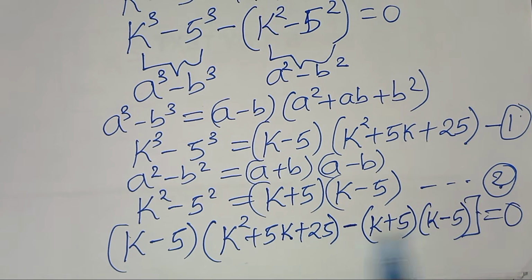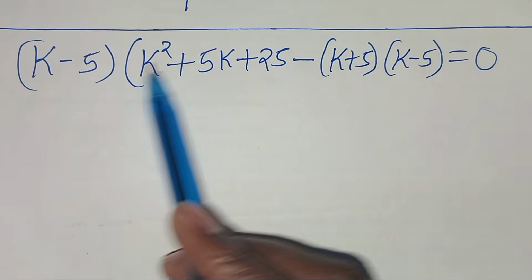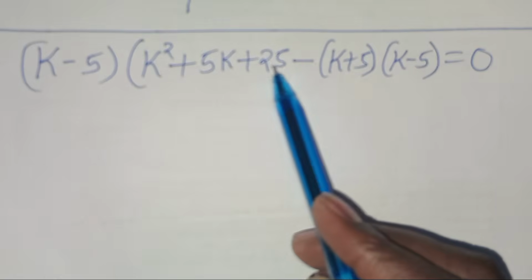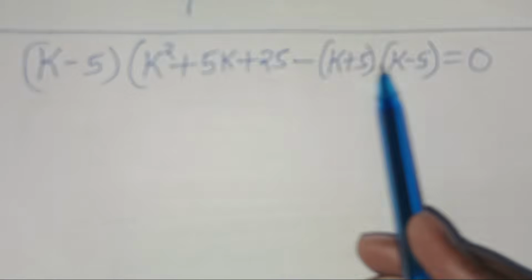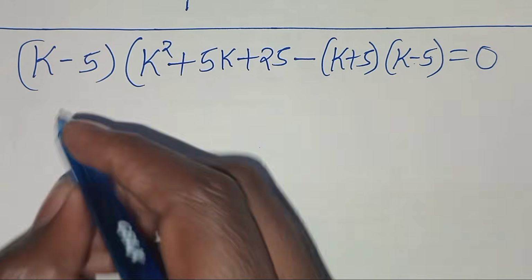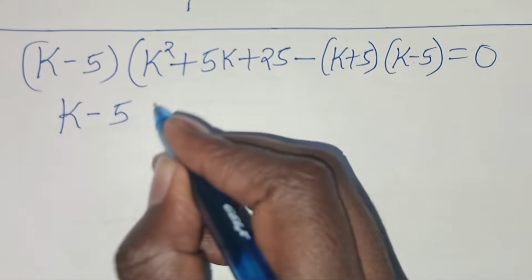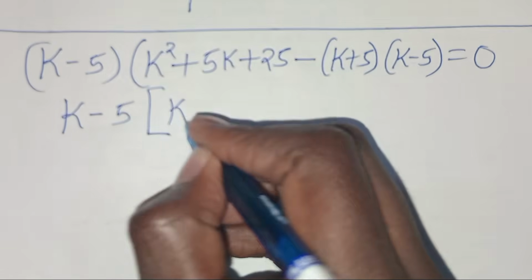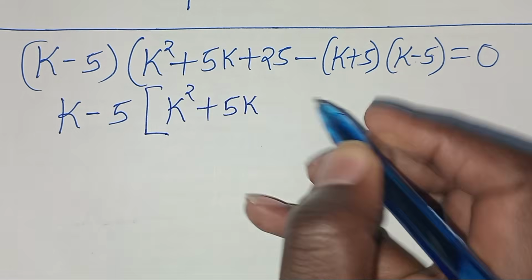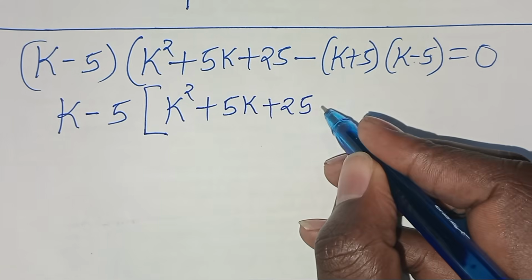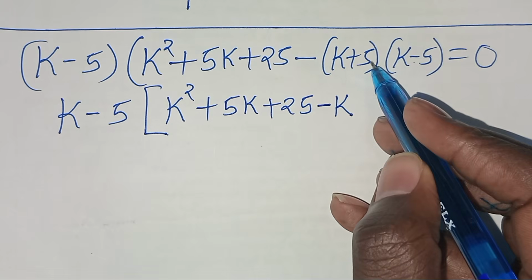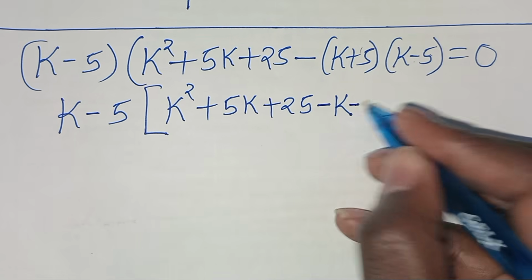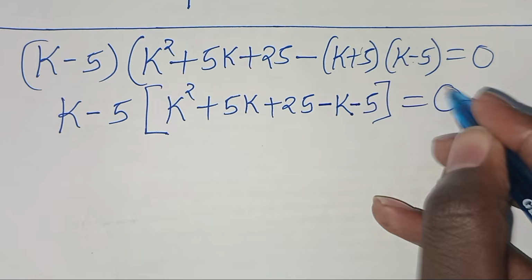Now from this equation, we have k minus 5 into the parentheses k squared plus 5k plus 25, subtract k plus 5, k minus 5. So k minus 5 here is common. Let's factor out k minus 5. So we'll have k minus 5 into the parentheses k squared plus 5k plus 25, subtract k, subtract 5. This is equal to 0.